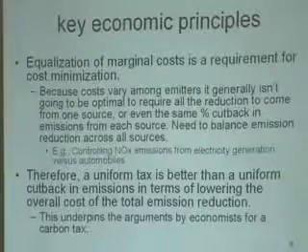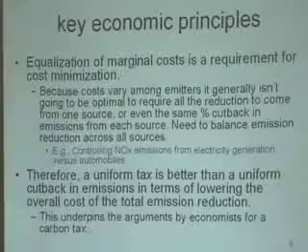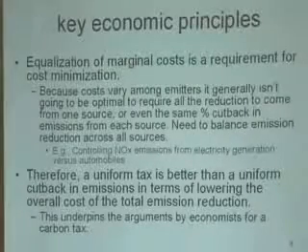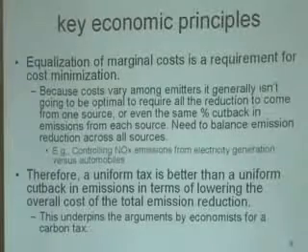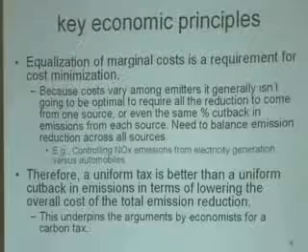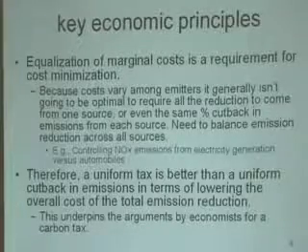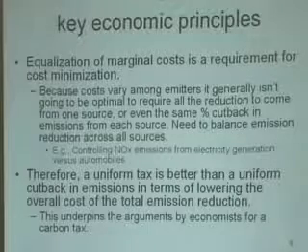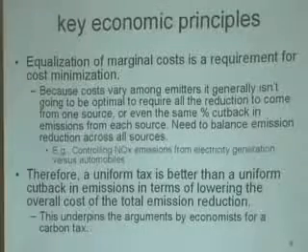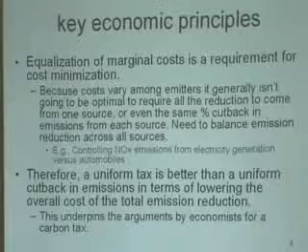For example, if you generate SO2 in LA, the winds blow to the northeast, and it affects places northeast of LA, but not places west, south or northwest. In that case, the damage depends on the location of the emission.